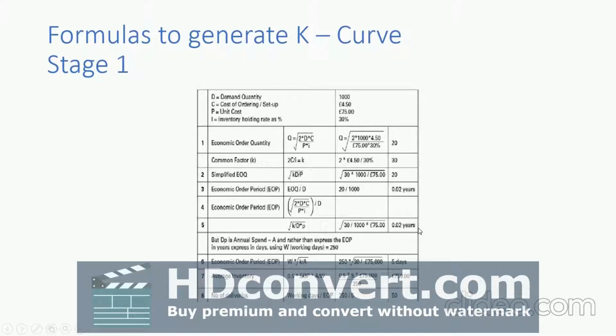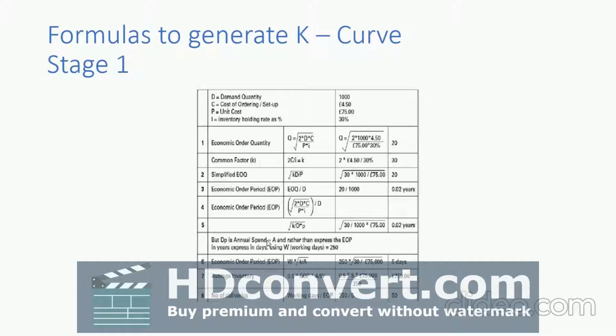So in order to further simplify that, we are substituting a few other values. Here D and P is nothing but annual spend, so we are introducing A into the factor and removing DP. And since we are calculating it for number of days, we are introducing a new constant called W, which is nothing but working days.